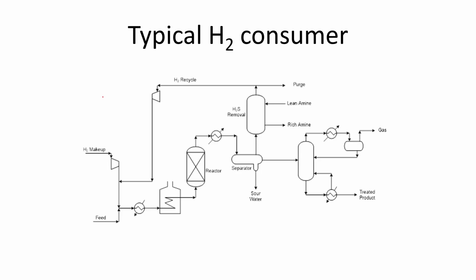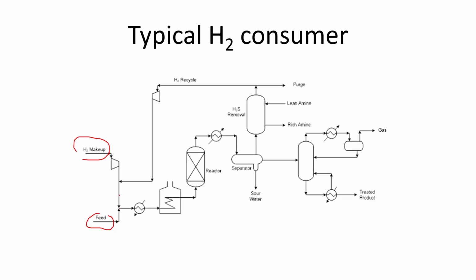As we saw last time, the hydrocracking process is a typical hydrogen consumer unit operation. In this case we have a hydrogen makeup. We have feed first, and we have hydrogen.